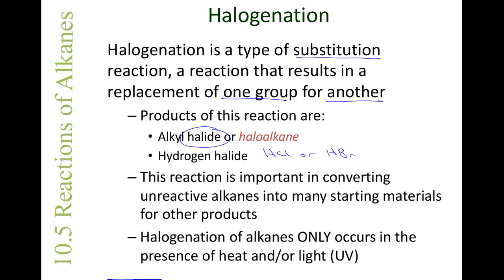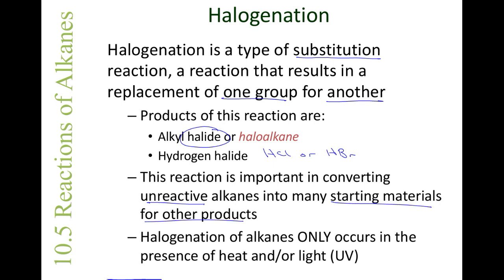So if you think about the synthetic utility of an alkane and what it can be used for, well, alkanes can be a starting material or a precursor for several more reactions than just combustion. But halogenation is a good way to take a compound like an alkane that is quite unreactive and convert it into starting materials that are reactive in order to make other products.